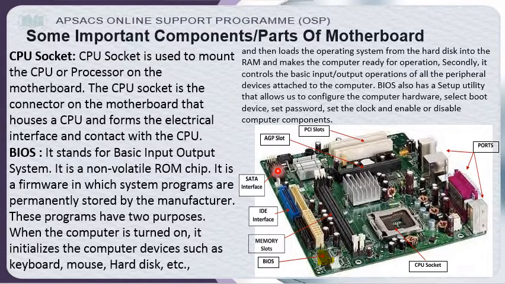The other one you can see here, the pin connector, is known as an IDE interface. If you see the further slot, that is known as a memory slot, and on this memory slot we will add the RAM.